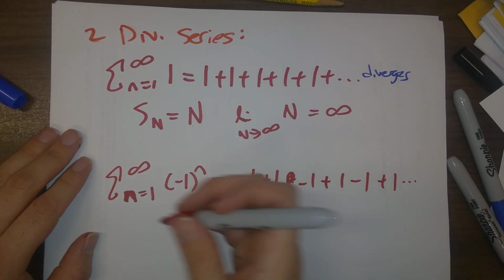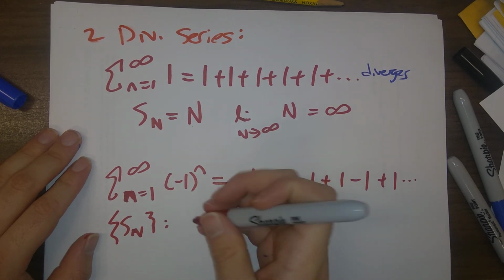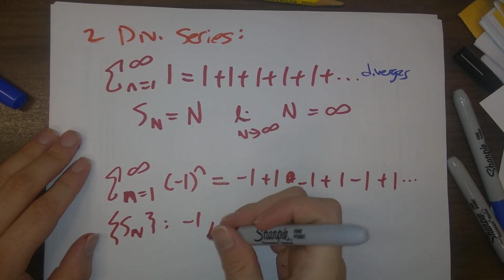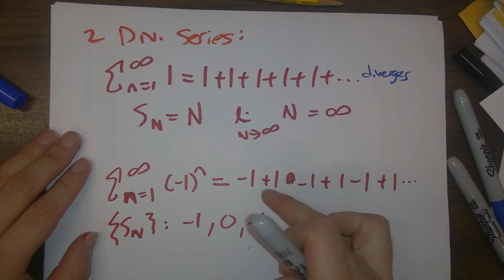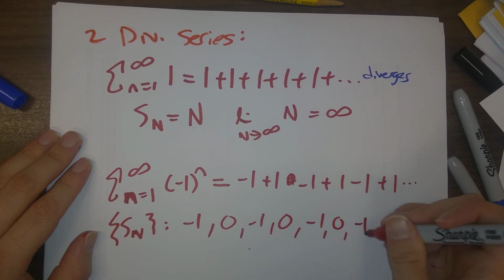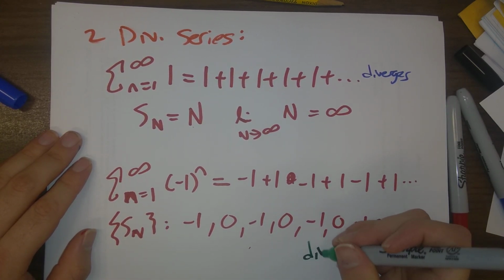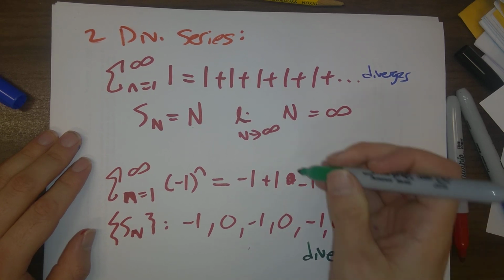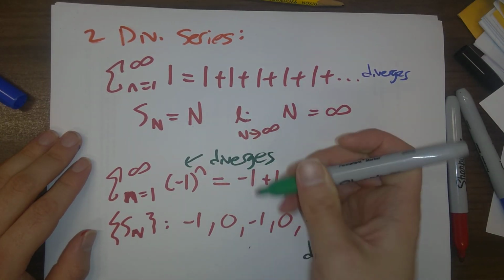So the sequence of partial sums goes minus 1, then minus 1 plus 1 is 0, minus 1 plus 1 minus 1 is minus 1, minus 1 plus 1 minus 1 plus 1 is 0, and it just goes back and forth here. So this diverges. It doesn't go off to infinity, but it diverges. So we say that this diverges as well.